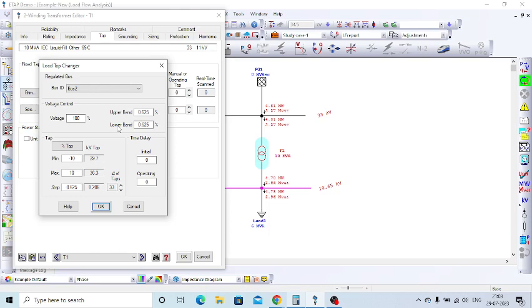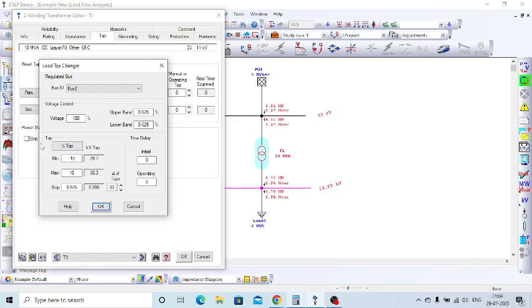If I change the tap from the nominal tap to tap position 1, how much percentage will it change? That percentage is this one, 0.625. So the upper band, in the positive direction, is 0.625: a variation of one tap will change the tap position by 0.625. Similarly, the lower band is on the negative side, 0.625.